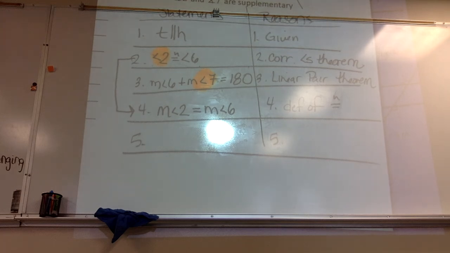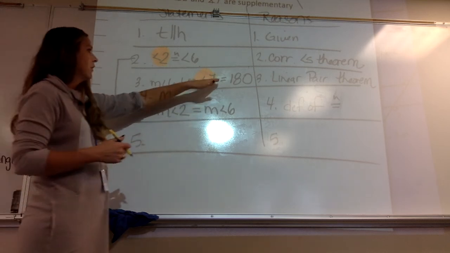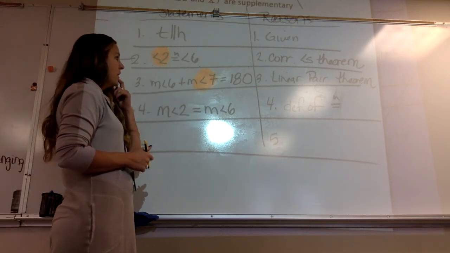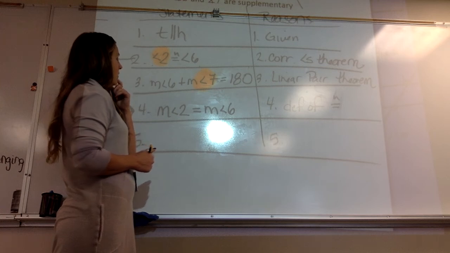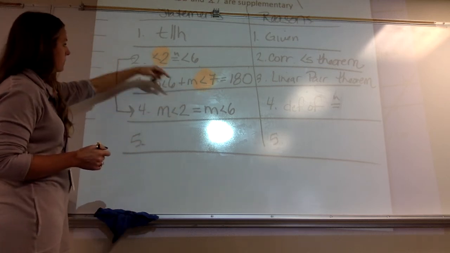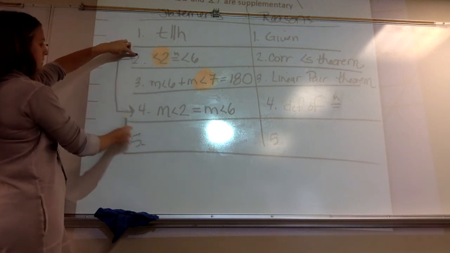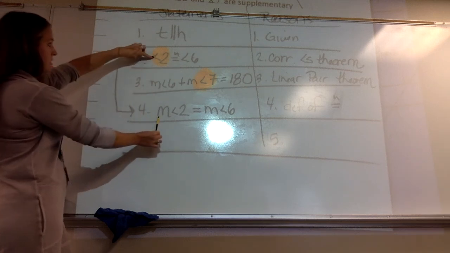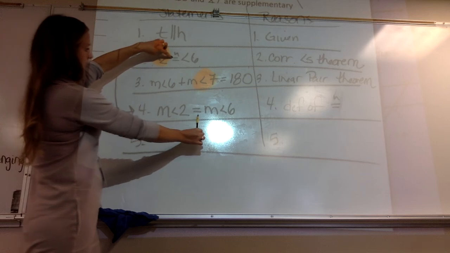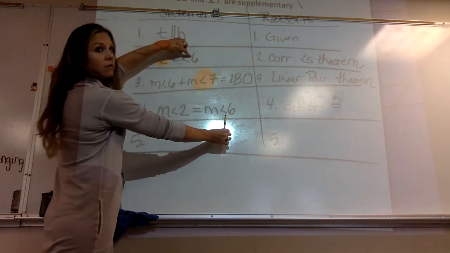You can't take a congruent thing and plug it into an equality piece. It has to be the same. They have to talk to each other. I'm literally just taking step 2 and rewriting it. So measure of angle 2 equals measure of angle 6.